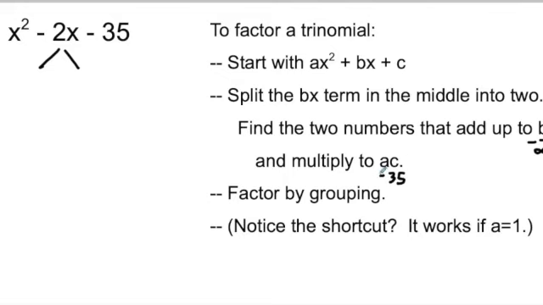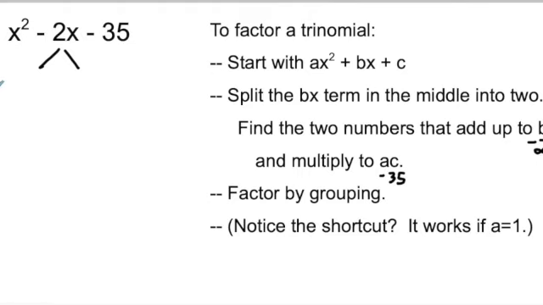We need to get negative 35, so one of them has to be negative. It either has to be negative 5 and 7 or 5 and negative 7. Which ones add up to negative 2, though? As it turns out, it has to be negative 7 and 5 in order to add up to negative 2.